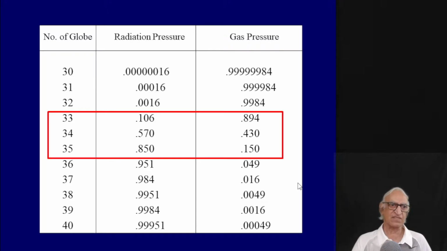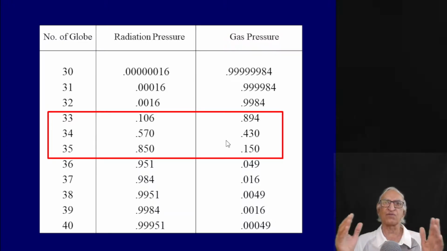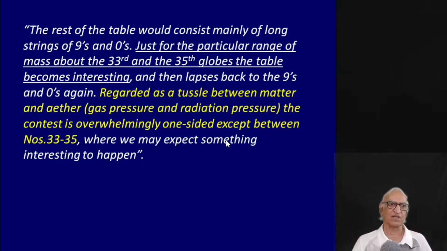What he finds is that only in an incredibly narrow range of masses, between 10 to the power 33 grams and 10 to the power 35 grams, these two columns are of comparable value. You're not dealing with one column full of zeros, the other column full of nines. They become comparable.